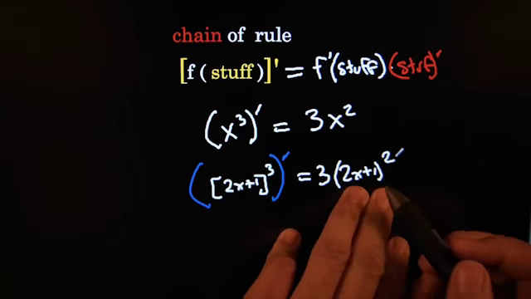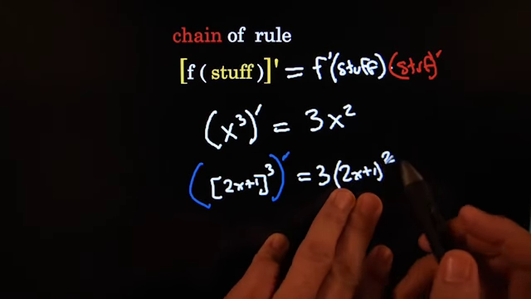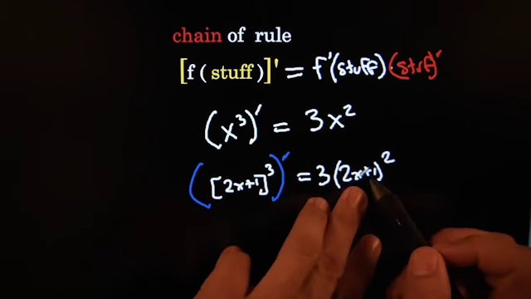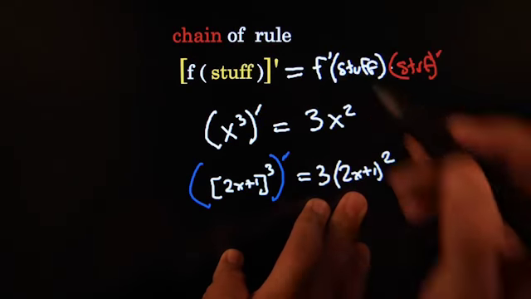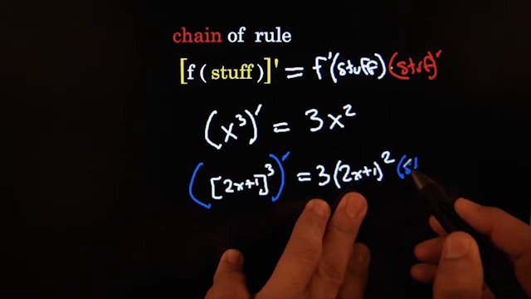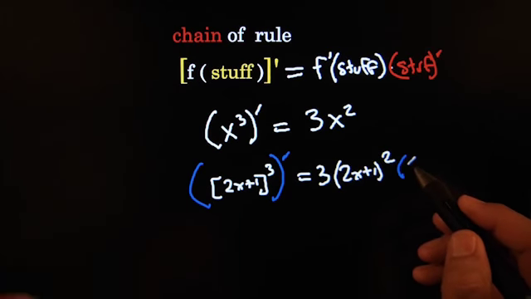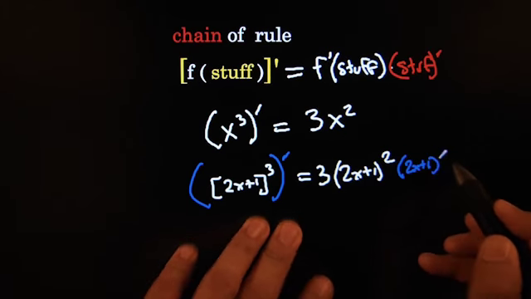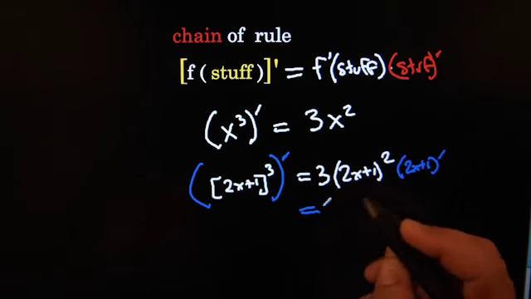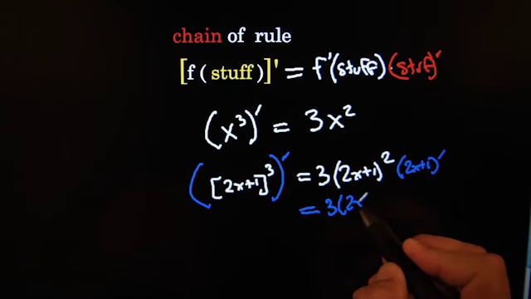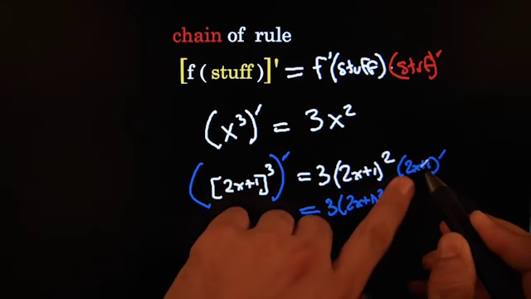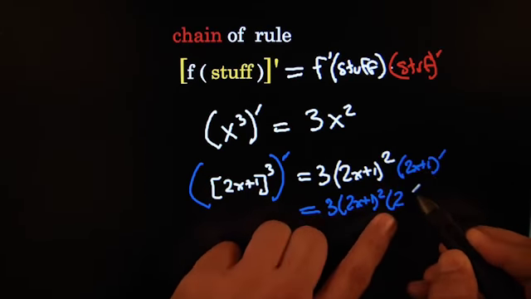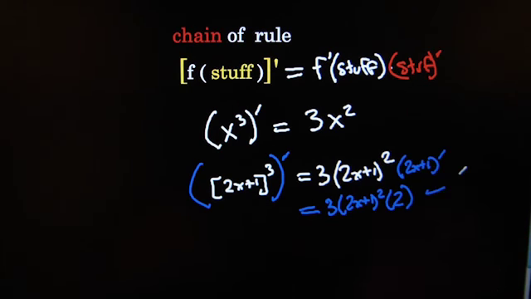That's exactly the same thing as we did before. However, because you weren't just dealing with x, you were dealing with some other stuff, you got to add on the derivative of the stuff at the end. The derivative of 2x plus 1, which would be equal to 3 times 2x plus 1 squared times the derivative of 2x, which is just 2, and the derivative of 1 is 0, so it's just times 2. See how that works?